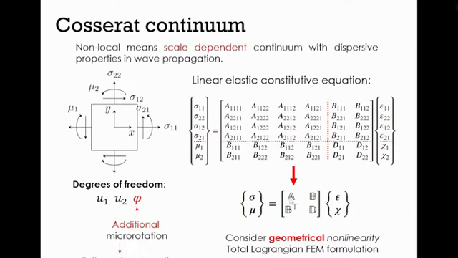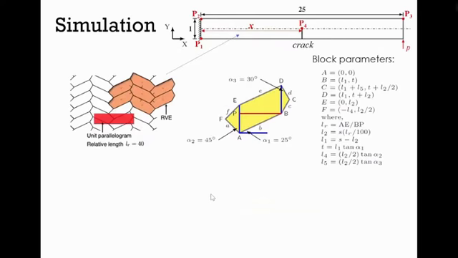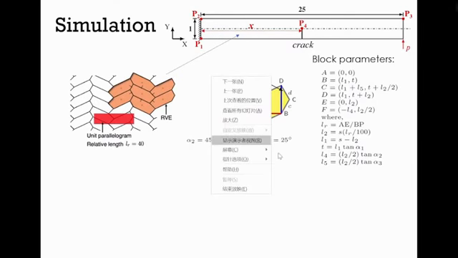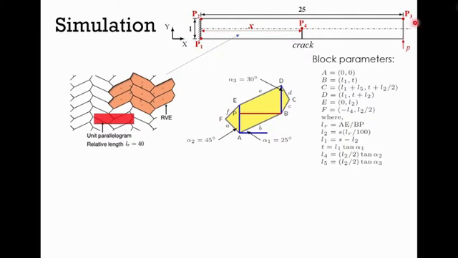Next, we will consider the geometric nonlinearity for this continuum with a total Lagrange FEM formulation to take some nonlinear simulation. In the simulation section, we take the classical cantilever beam problem as an example.